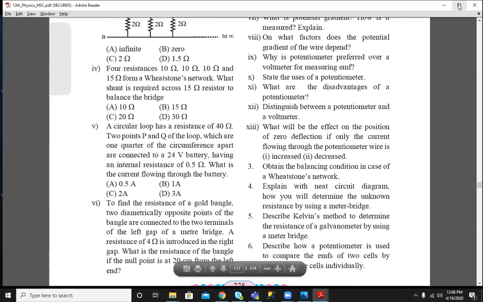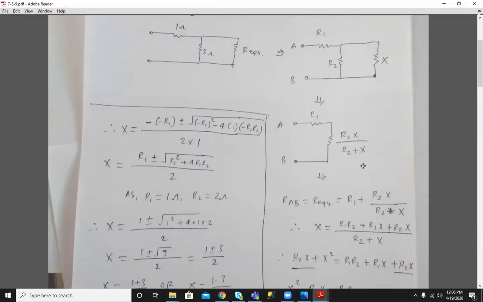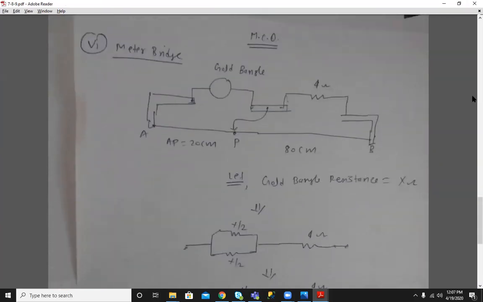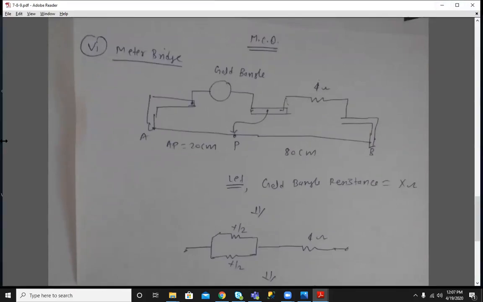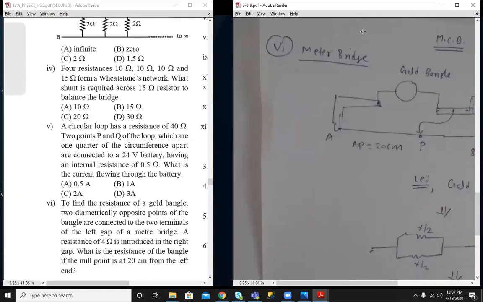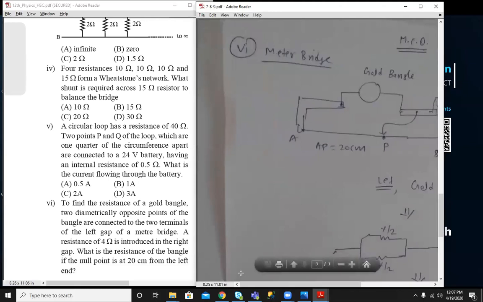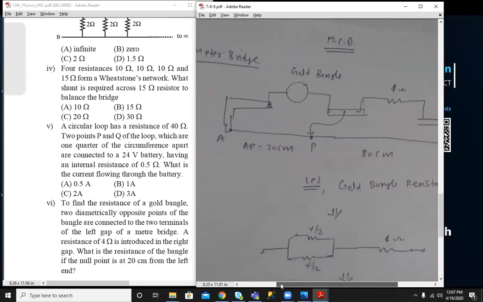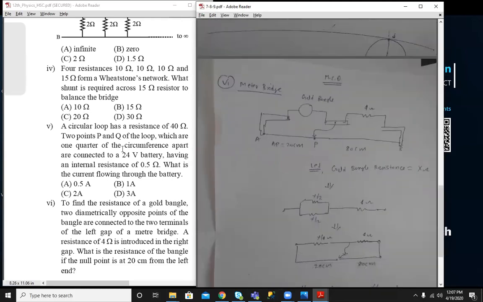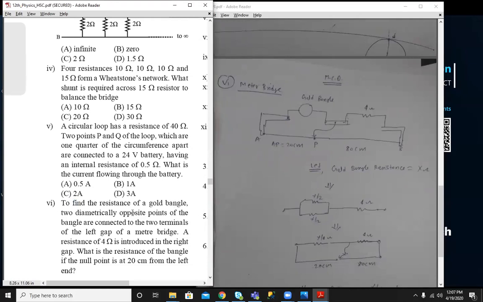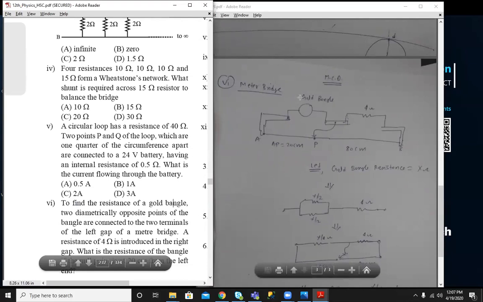To find the resistance of a gold bangle, two diametrically opposite points of the bangle are connected to the terminals of the left gap.